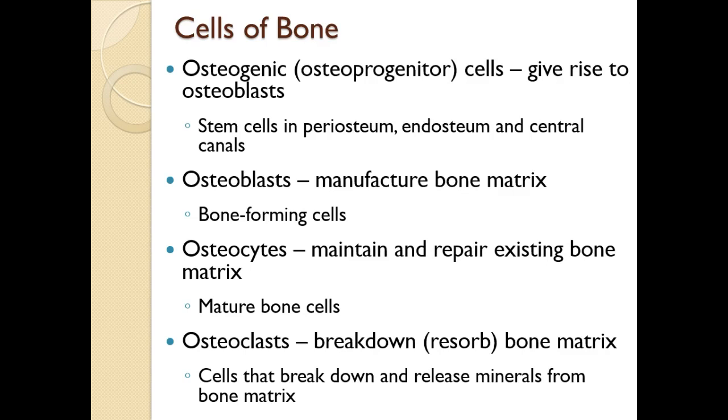So that one zygote ends up making all of our cells. But initially, all of those cells are identical to each other. But eventually you end up with osteocytes, you end up with chondrocytes, you end up with skin cells, you end up with heart cells. So what is it that tells those cells, okay, you're not going to be like all of your other cells, you're going to do something special, specific? Well, all the cells have the same DNA.